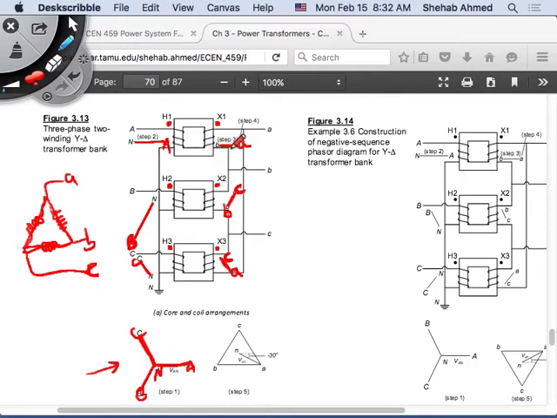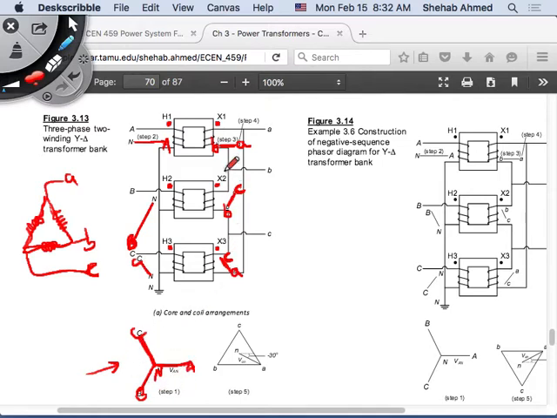And the other one is a winding between terminal A and B, so the other side of it is B. So these are my terminal labels on the secondary, and these are the terminal labels on the primary. On the primary, these terminal labels correspond to a positive sequence voltage.